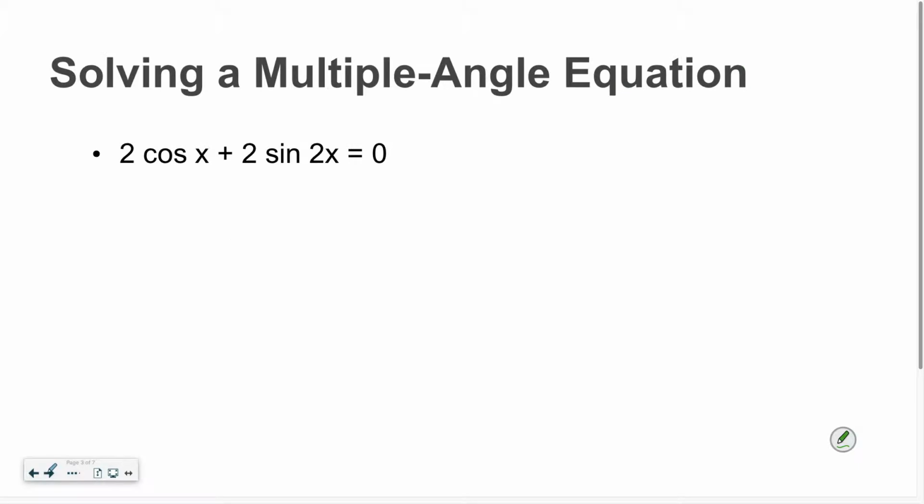So here is our solving equation problem. What do you notice about this problem that could create an issue?